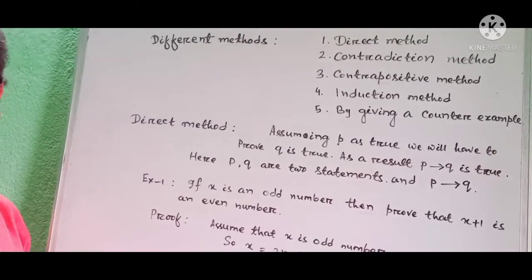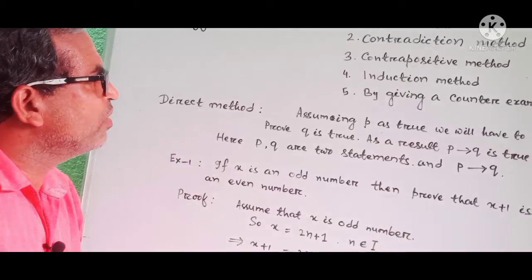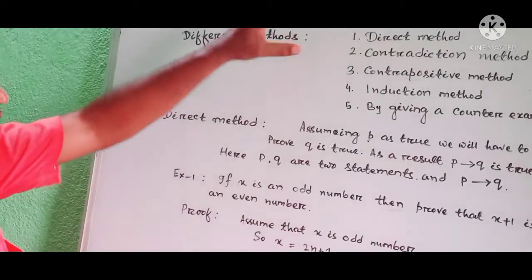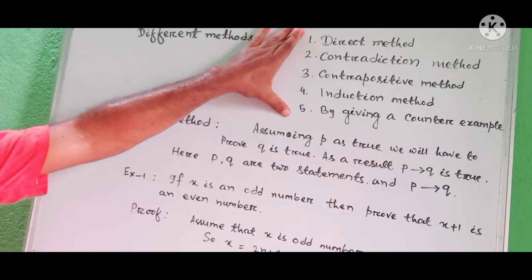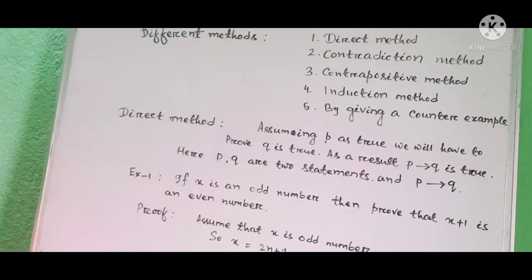There are many methods in mathematics for proving a statement, but normally we use these five methods to prove a mathematical statement.